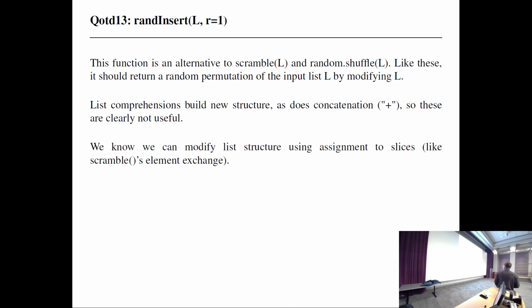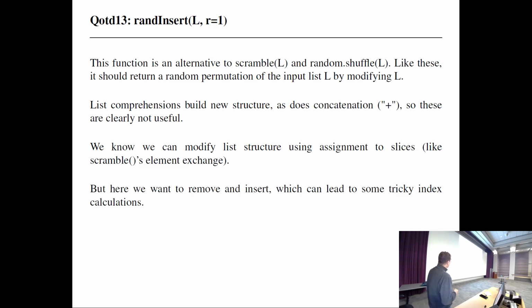So we know we can modify list structure using assignment to slices. We didn't use assignment to slices in the scramble function, but we used contemporaneous assignment to exchange elements in the list, and that's destructive. So we could approach this using list structure.